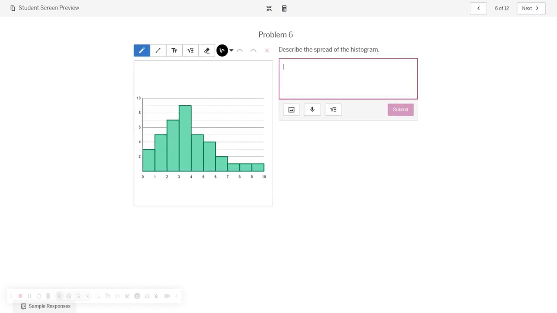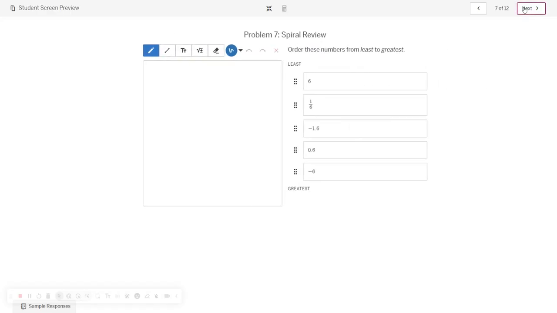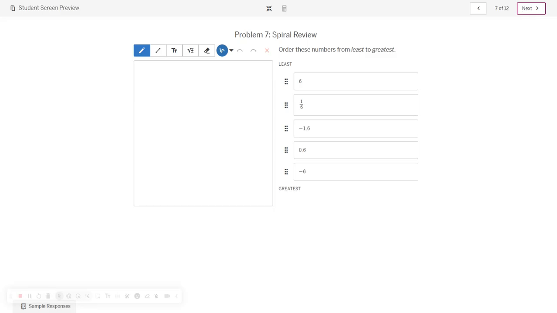Describe the spread. It looks pretty evenly spread amongst those ones. Evenly spread, with most being between 3 and 4. These are all just your own personal views of this stuff, so I don't know.